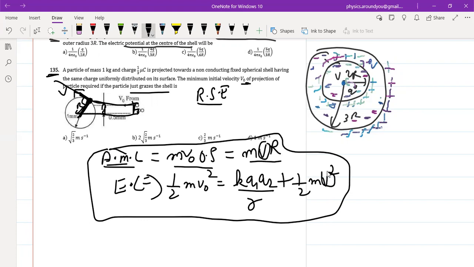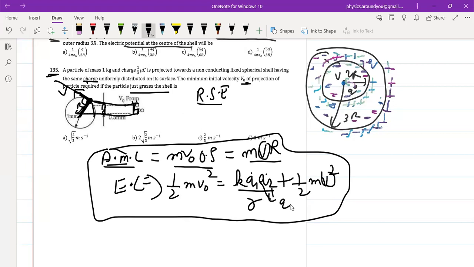I can find it either from angular momentum conservation or from energy conservation, right? The charge is shown. Whatever the particle charge is, the same charge is there on the sphere. So Q1 and Q2 both are the same, which is Q, right?